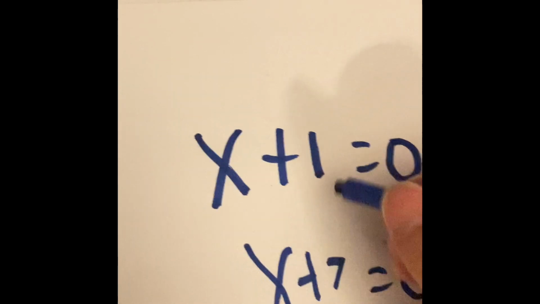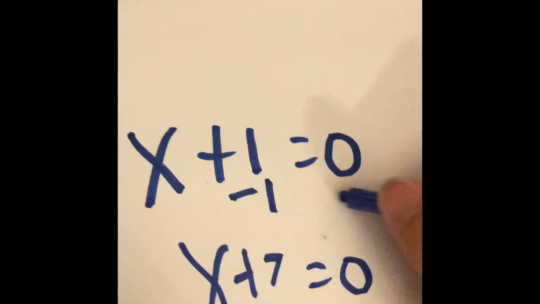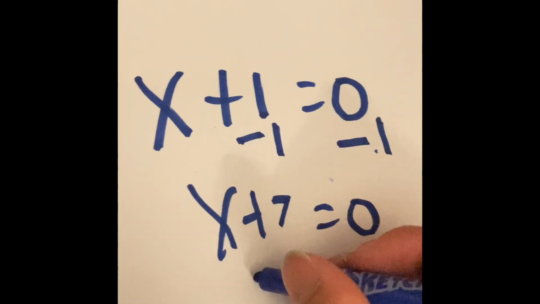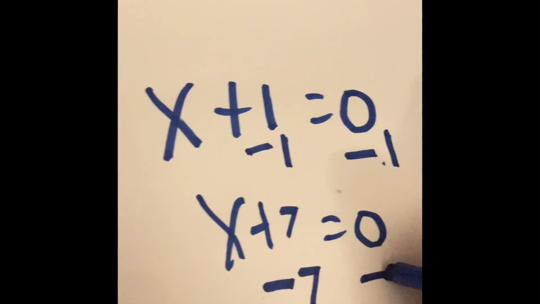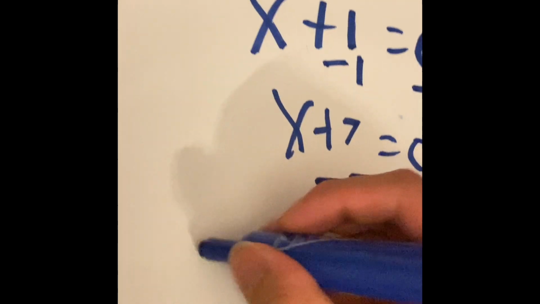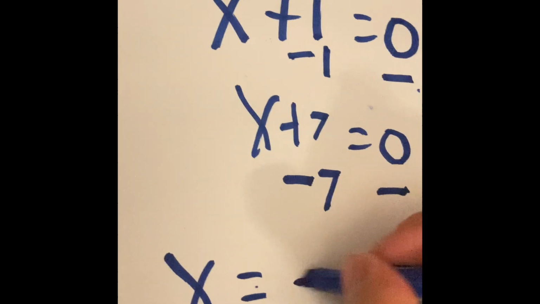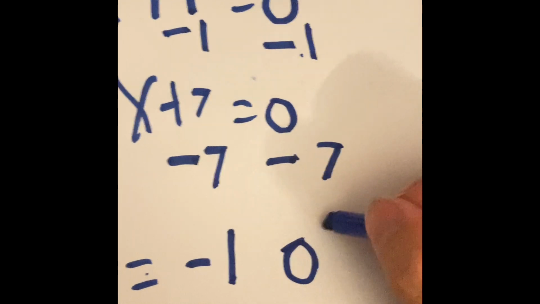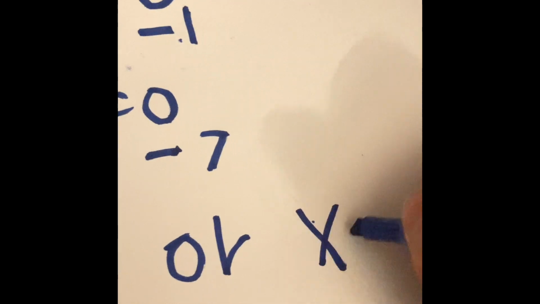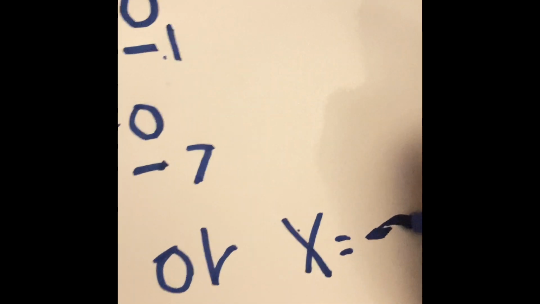So for x plus 1, subtract 1 from both sides, and for x plus 7, subtract 7 from both sides. So we have x equals negative 1, or x equals negative 7.